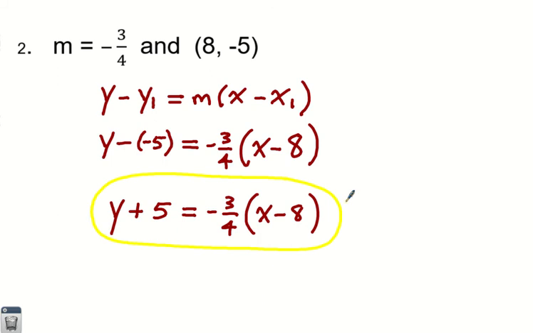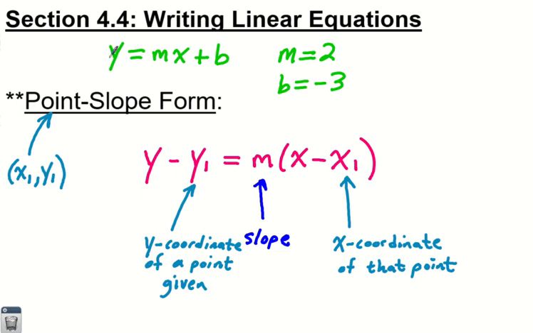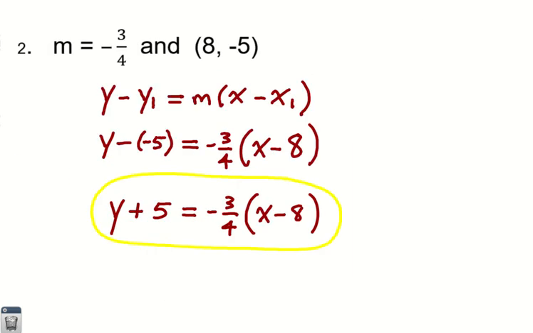It's an equation. But at the same time, I want to tell you that it's way more common for your final answer to not stay in this form. It's very common to end your problem in slope-intercept form. And so all we have to do is first distribute the negative 3/4.